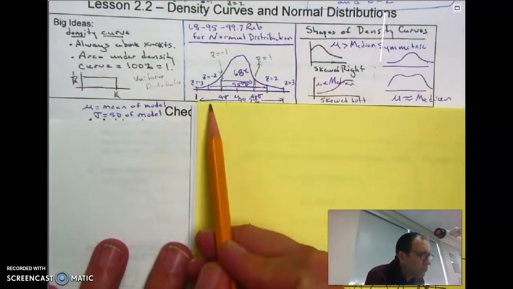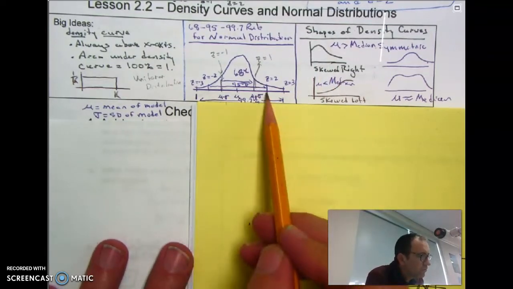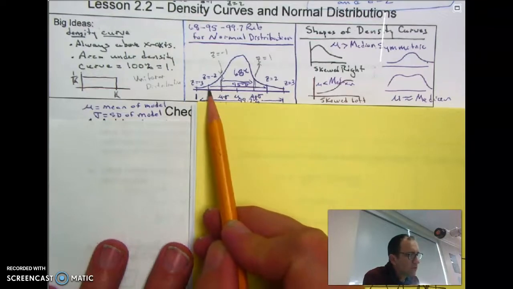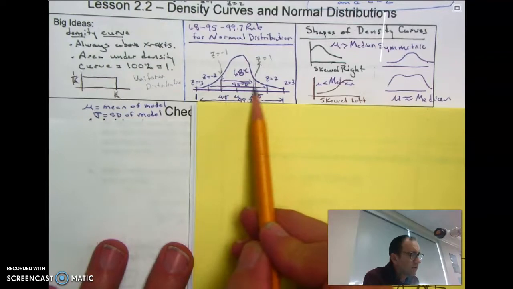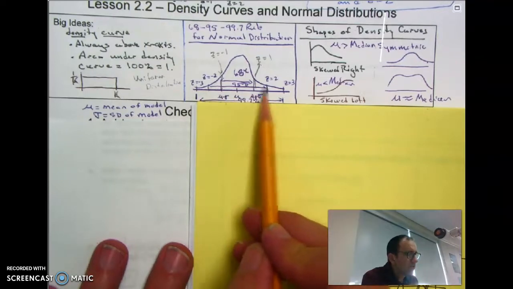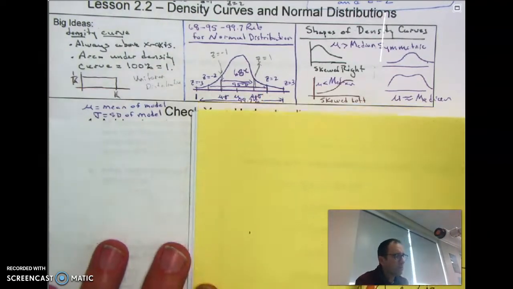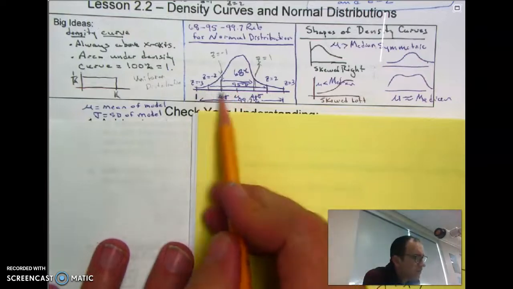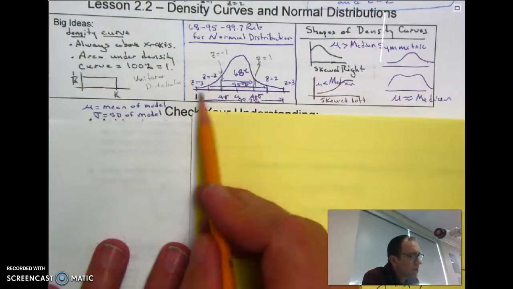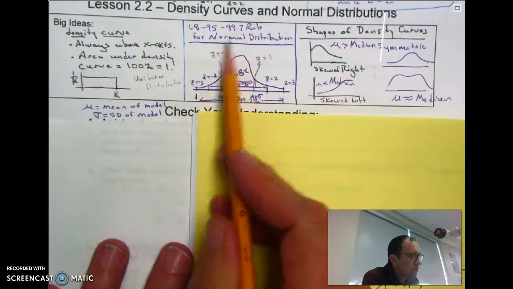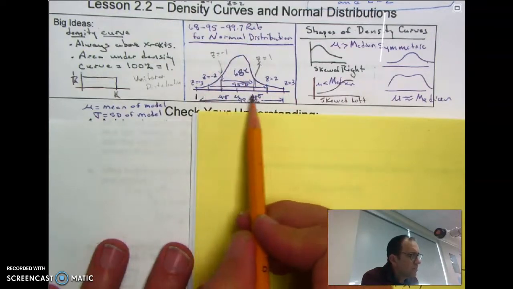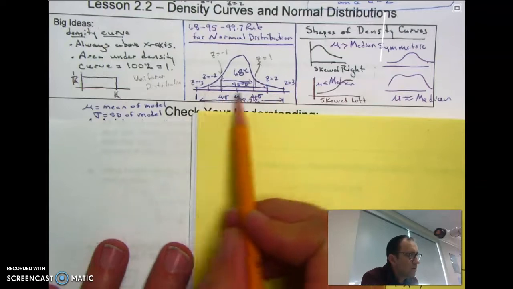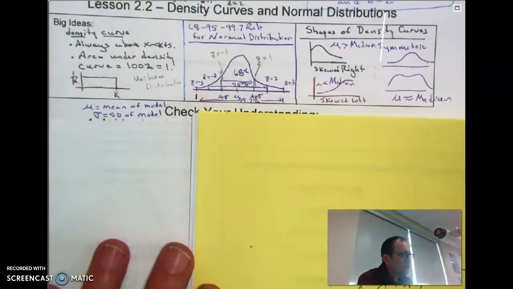If we go from 2 standard deviations below to 2 standard deviations above, or a z-score of negative 2 to a z-score of positive 2, we'd encompass 95% of the area under the curve, or 95% of the data will be in there. And if we go out 3 standard deviations above and below the mean, we're going to capture 99.7% of the area under the normal curve. So 99.7% of the data will be within 3 standard deviations of the mean.